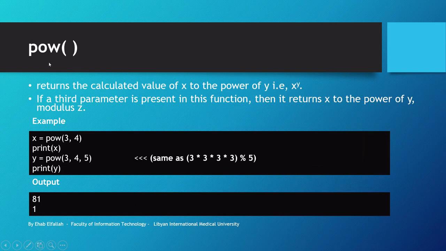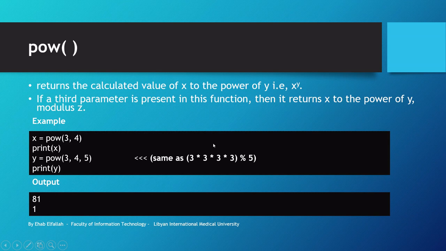Another function is called pow. This function receives either x and y, or x, y and z, and if it receives x and y, it will return the value of x to the power of y. So here the value 3 to the power of 4 is 81.